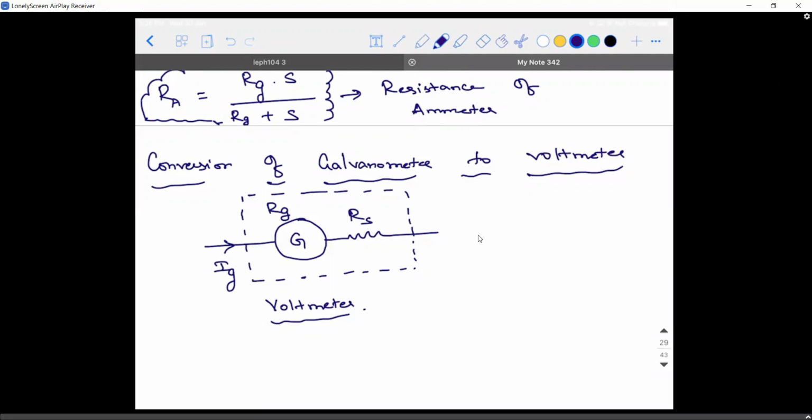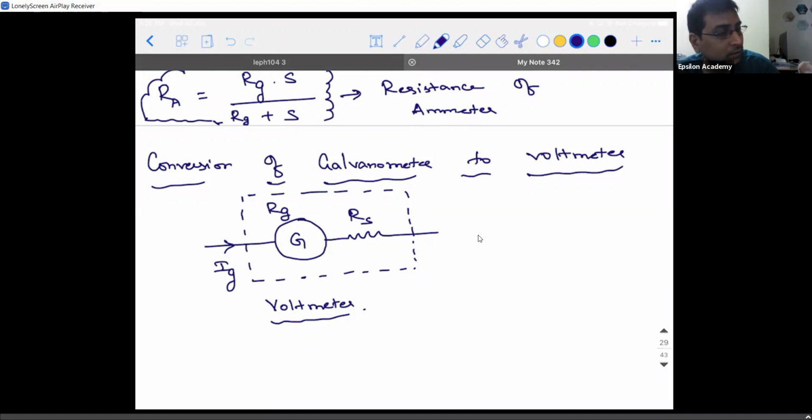Okay, it is very simple. Will RA again be RG plus RS, right, sir? One minute. One minute.